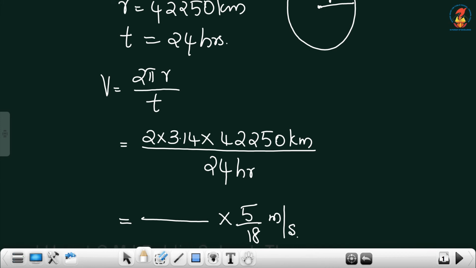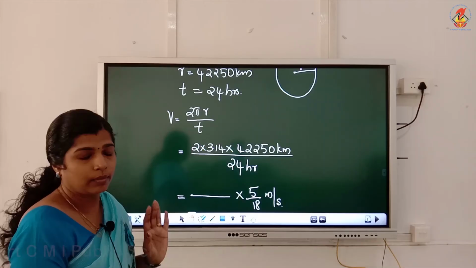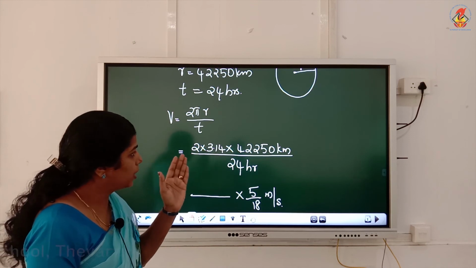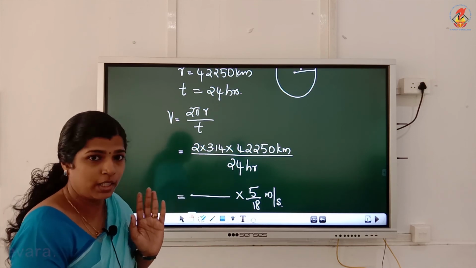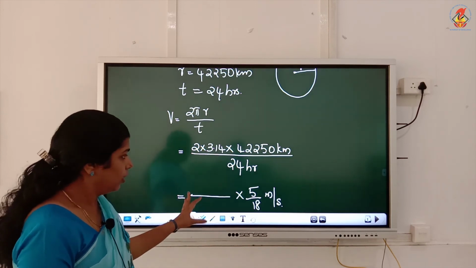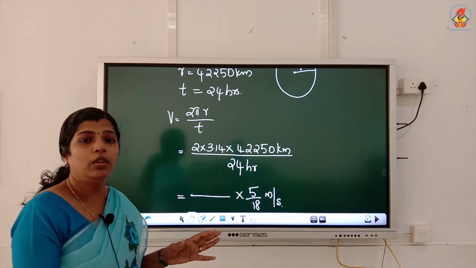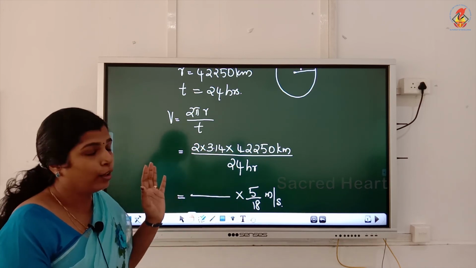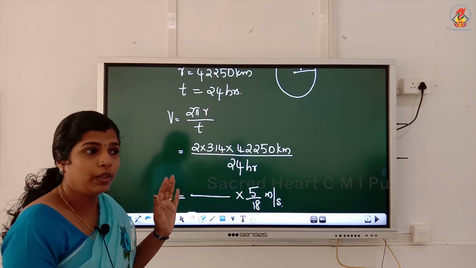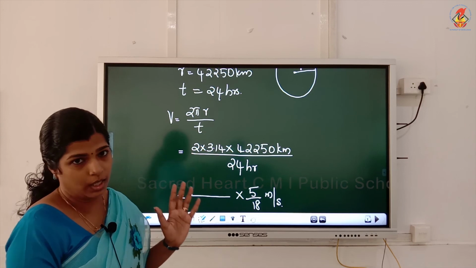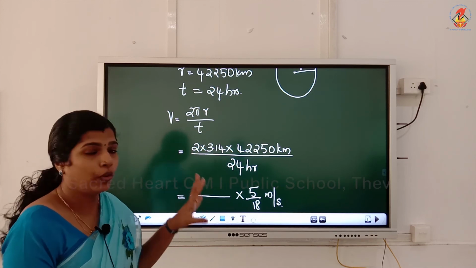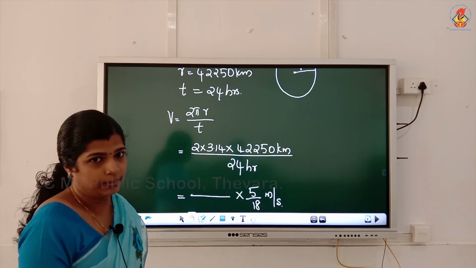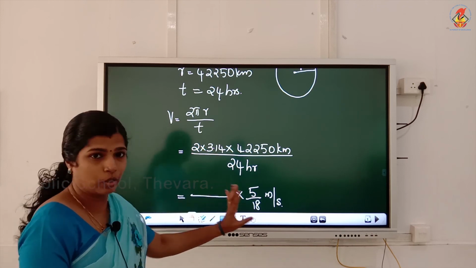When you do the calculation, 2 into 3.14 into 42250 divided by 24, you will get the answer in kilometer per hour. If we need to convert it into meter per second, then multiply into 5 by 18.